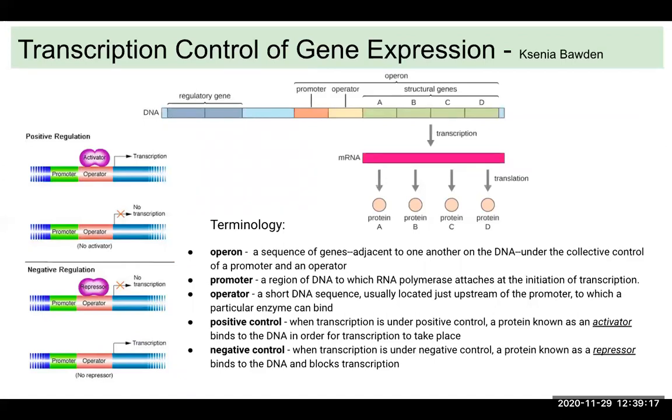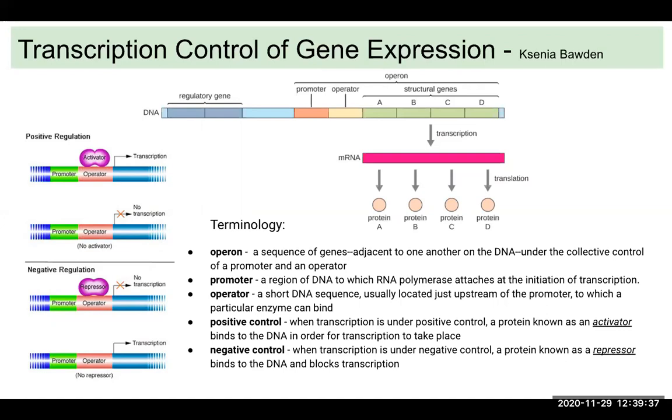Then we have a promoter, which you see in orange at the top. This is a region to which RNA polymerase attaches at the initiation of transcription. Right after that, we have the operator, a short DNA sequence, usually just upstream of the promoter.